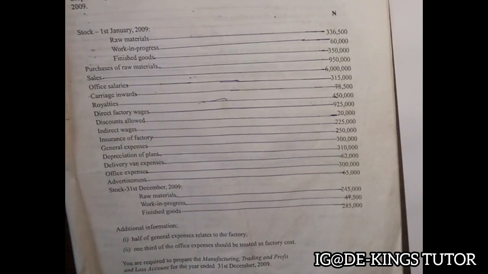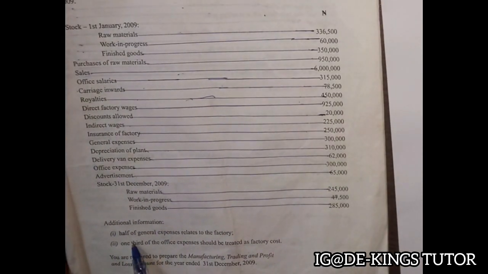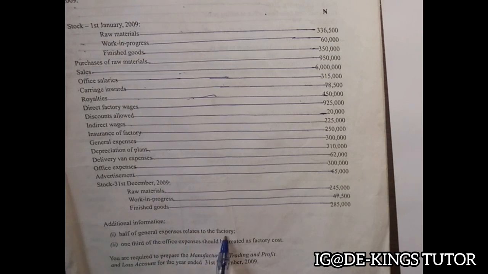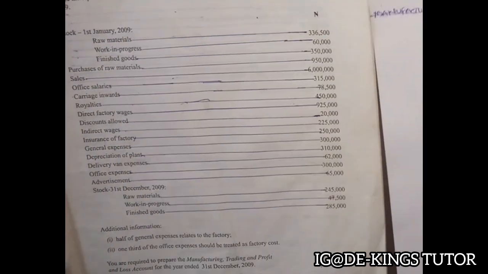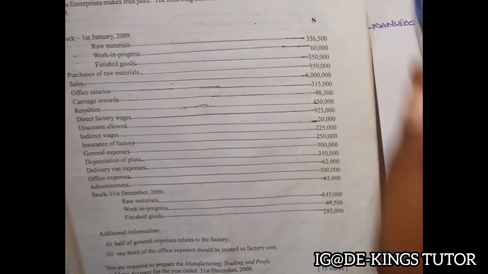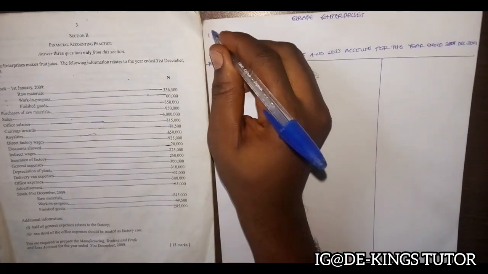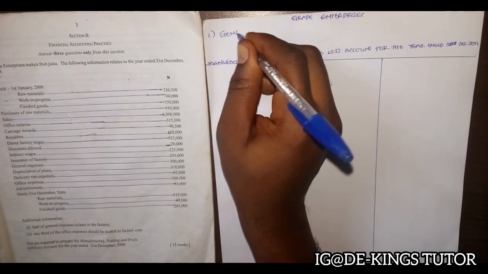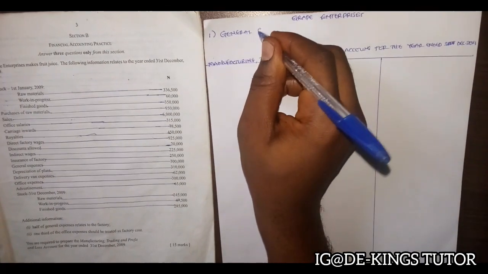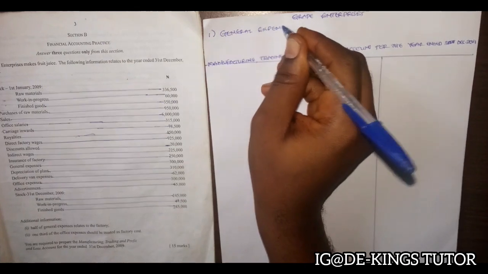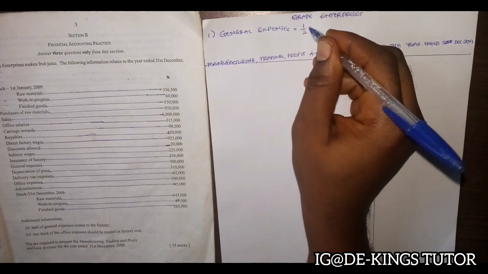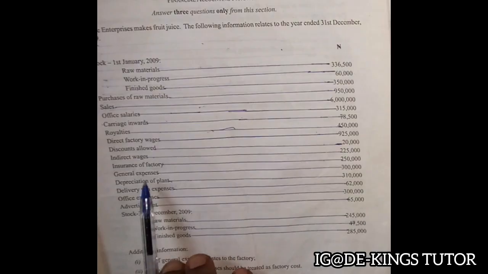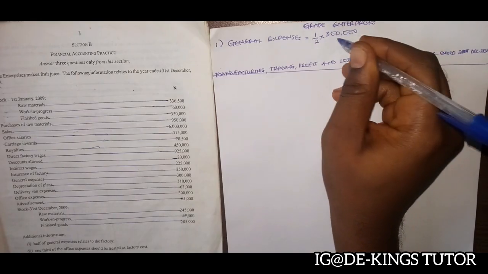Okay, so let's treat the additional information first. They said 1/2 of the general expenses relates to factory. Now this is general expenses. So they said 1/2 relates to the factory. So we have 1/2 times general expenses, 300,000.